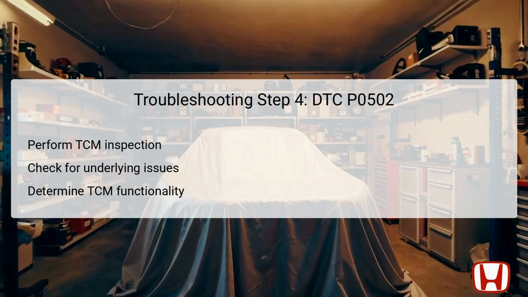The final testing step involves performing a thorough inspection of the TCM, if prior checks on the speed sensor and wiring indicate normal functionality. If the voltage readings and circuit checks show expected values, yet the DTC persists, it's reasonable to suspect that the TCM may be malfunctioning.